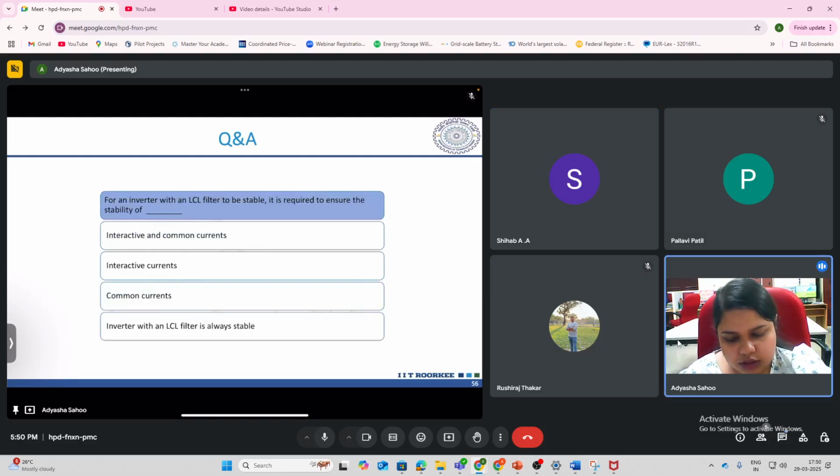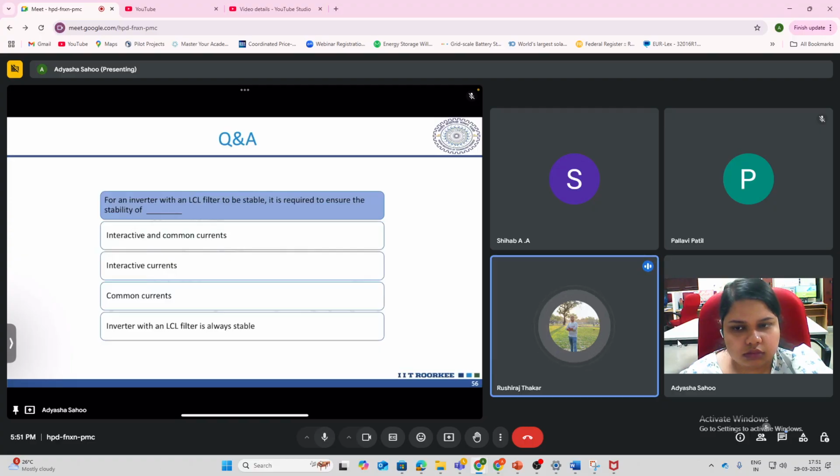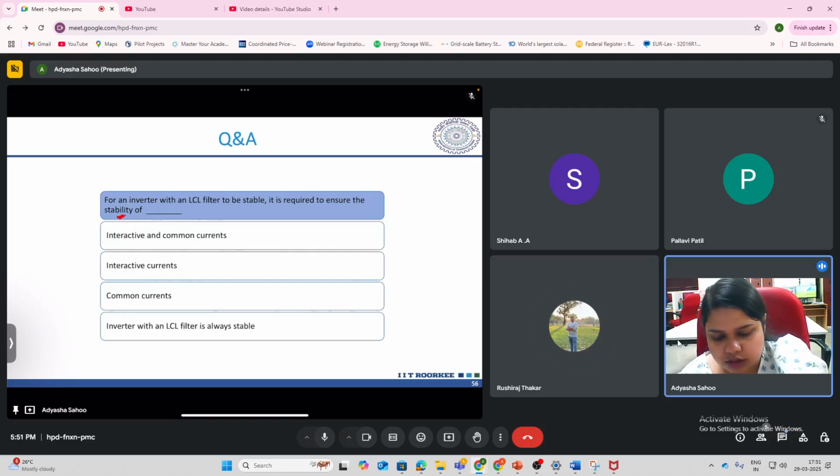Now for an inverter with an LCL filter to be stable, it is required to ensure the stability of... Yes, but to ensure the stability, we want both the control loops to be stable, right?